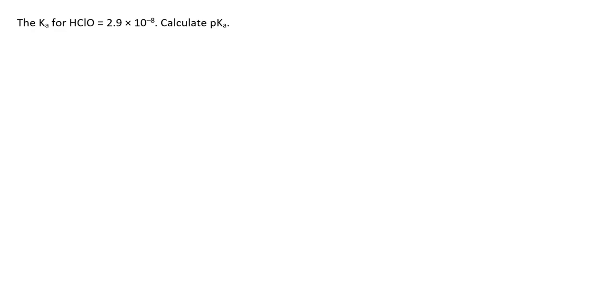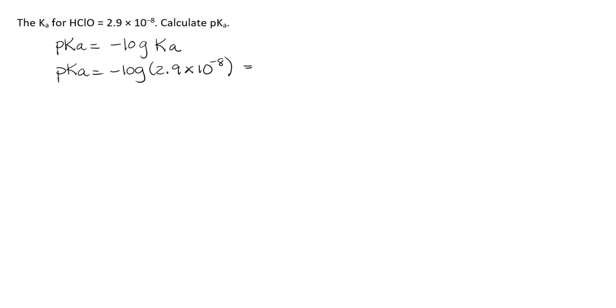In our first example, we're given the Ka for hypochlorous acid, and we need to calculate the pKa. So the equation we're using is pKa equals negative log of Ka. So all we do is plug in the value of Ka. So we have pKa equals negative log of 2.9 times 10 to the negative 8.